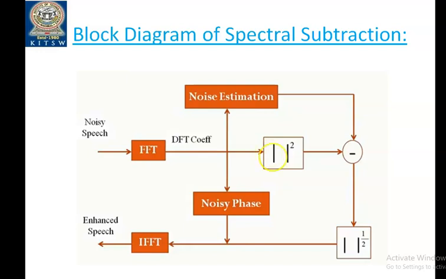You get the spectral subtraction, which is given to the inverse fast Fourier transform, and you get the enhanced speech. So this is the process of spectral subtraction. There are four steps, which we have already seen in the previous slide. We will understand this block diagram with respect to those steps only.